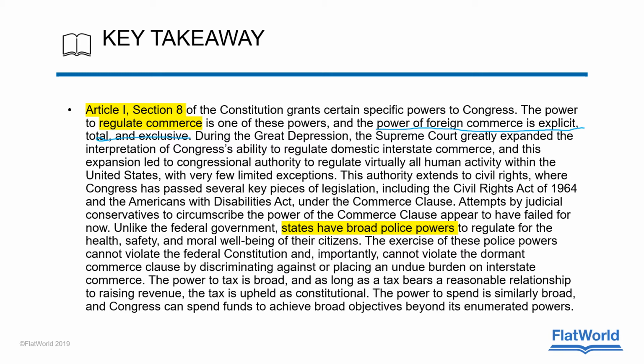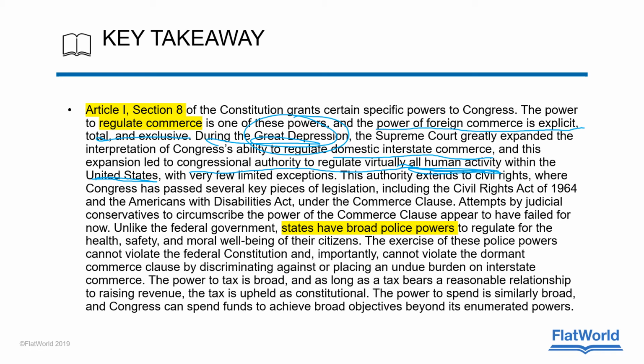An example: during the Great Depression, the Supreme Court greatly expanded the interpretation of Congress's ability to regulate domestic interstate commerce. This expansion led to congressional authority to regulate virtually all human activity within the United States. So that was interesting.